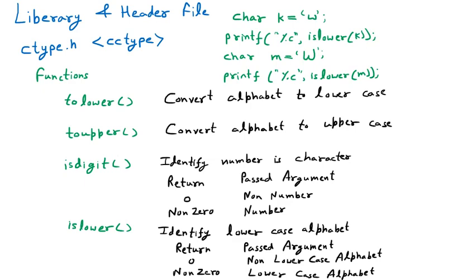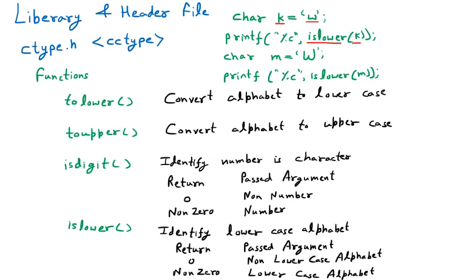Now we are going to check out the answer of this piece of code. Now we know that the islower function is going to check whether the character is lowercase or not. So here we are having small w inside the variable k. If we are saying islower of k, that means is that small w lowercase or not.